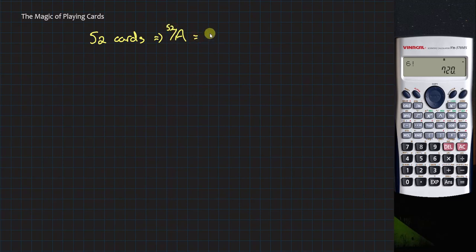is going to be 52 for the first choice, times 51 second choices, times 50 third choices, times 49, and keep going all the way down until all the cards have been selected and we're left with the last one on its own. And if you type it in, that is 52 factorial.